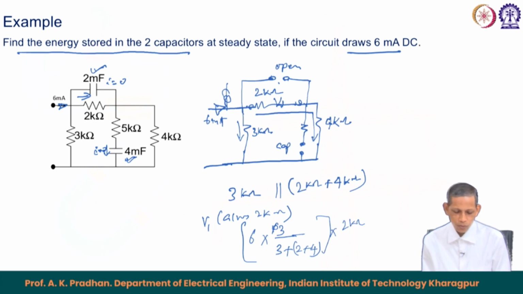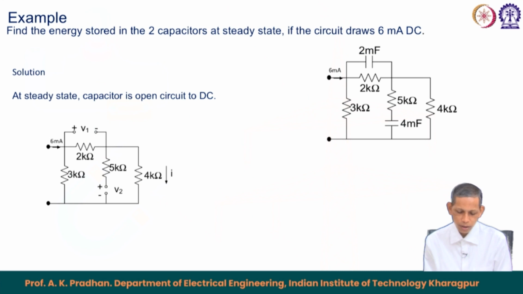Similarly, the voltage across this capacitor will be nothing but the voltage across the 4 kilo ohm. So, get the corresponding voltage and then the half CV square formula gives us the energy in each capacitor.